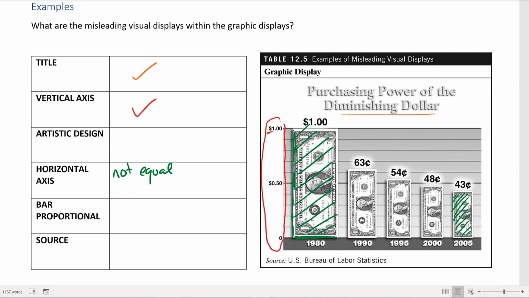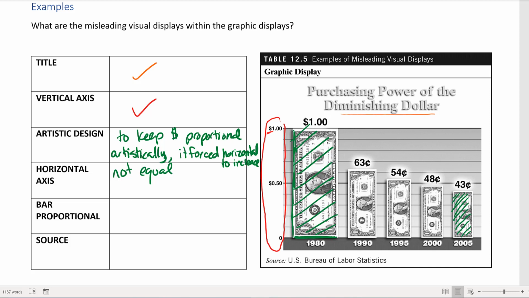And the artistic design is what's causing that. Okay, so to keep the dollar proportional artistically, it forced the horizontal to increase and not be consistent.